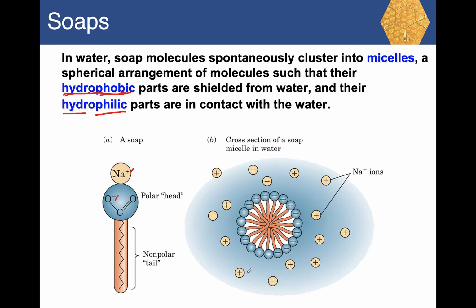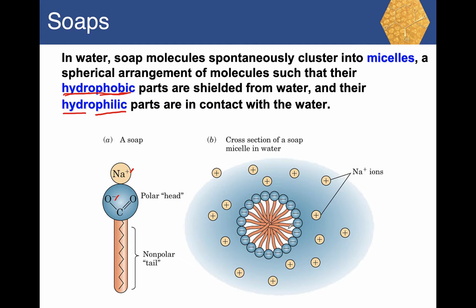If put in water, the hydrophobic ends will form little micelles, just like this, and the hydrophilic end, which loves water, will be like this. So the way this works is that you get soap, you put it in water, and you put your laundry in.